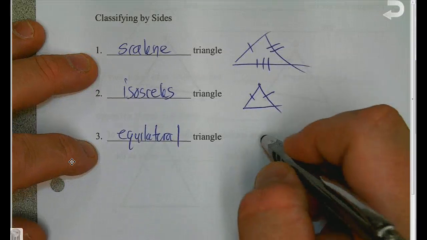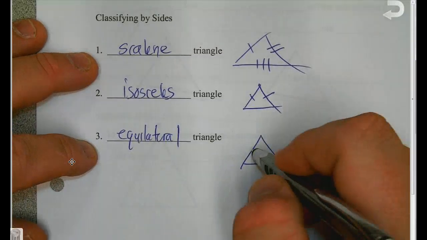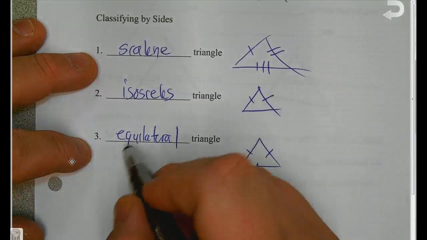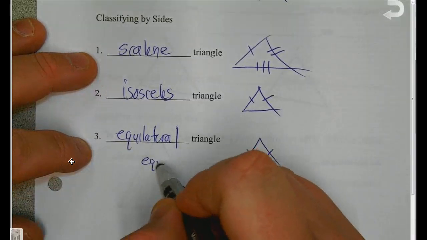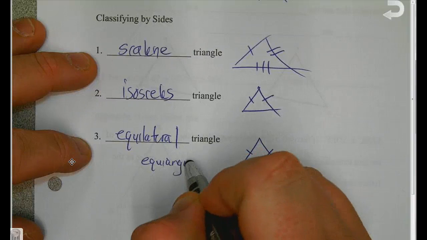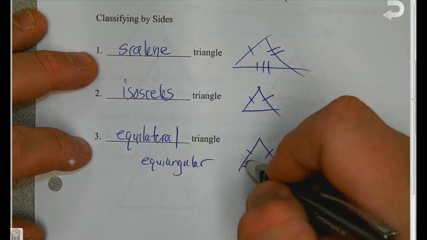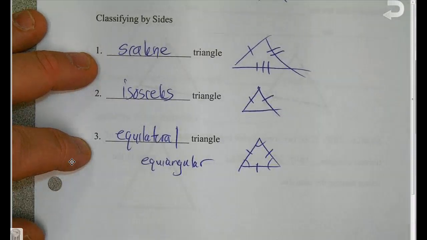If I have an equilateral triangle, then all 3 sides are the same. Now, an equilateral triangle is also equiangular. This is going to be important when we're talking about how we compare sides to angles later on. So, an equilateral triangle also has all 3 sides being equal.